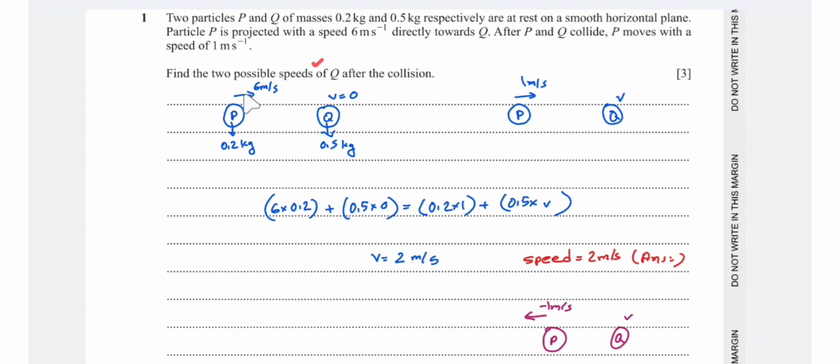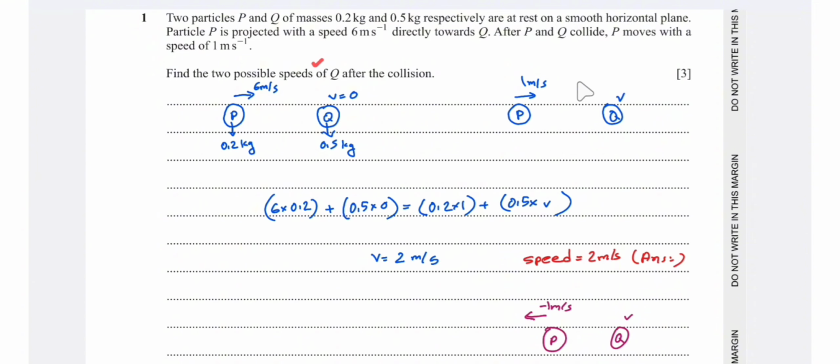If we consider the right as positive, then 6 meters per second is positive and 1 meter per second is positive, but moving towards the left is negative. So when P is moving towards the left with a speed of 1 meter per second, the velocity is negative. So here we are considering the velocity.